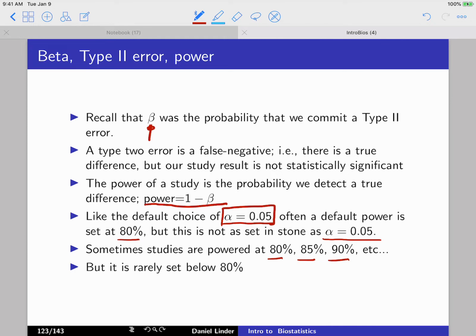But rarely is this power set below that. Most of the time your funding agencies are going to require a minimum of 80% power. So you should at least have an 80% chance that your study is going to detect some kind of difference.